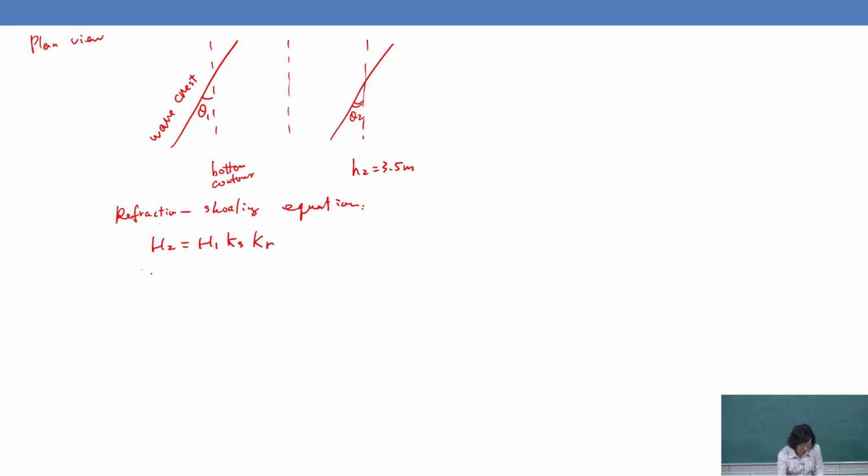So we have the relationship. So we have sine theta 2 over sine theta 1, which equals C2 over C1.